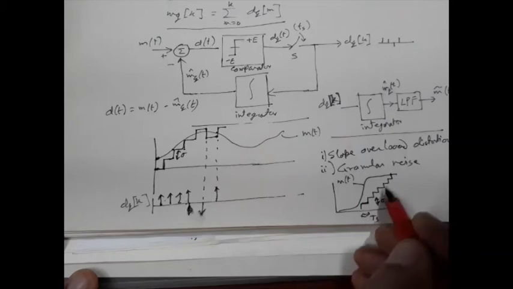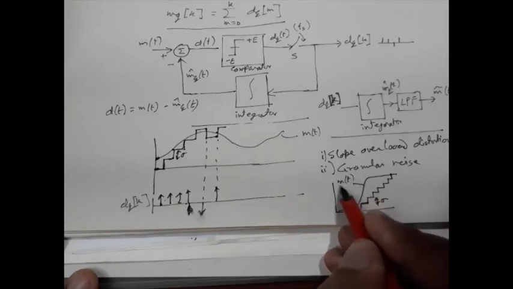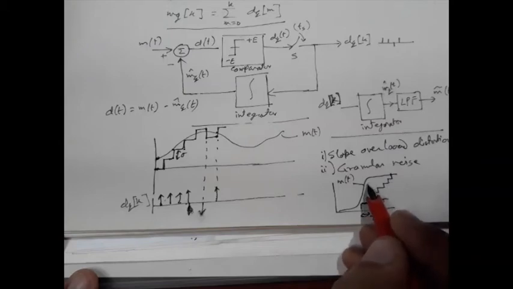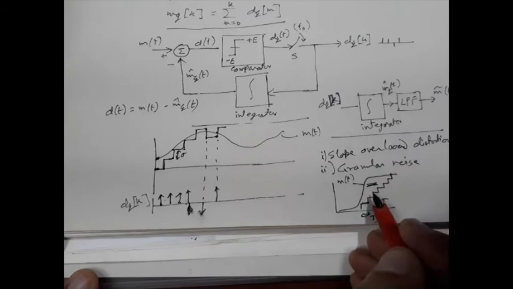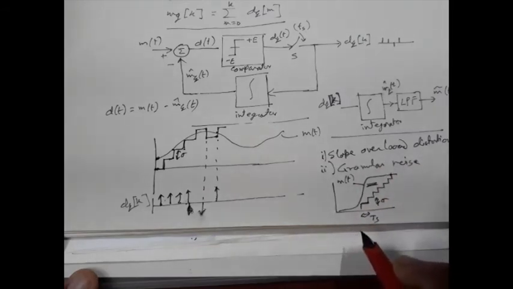So the integrator has a maximum slope, and if that slope is different from that of M, the message signal slope, then the integrator will not be able to follow the original message signal. So here we have the error, and this is called the slope overload distortion.